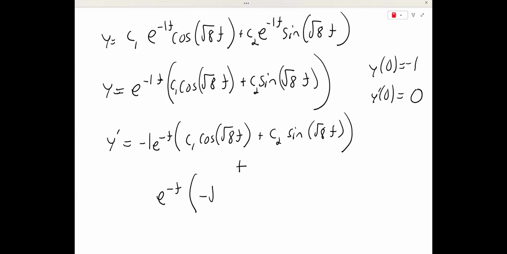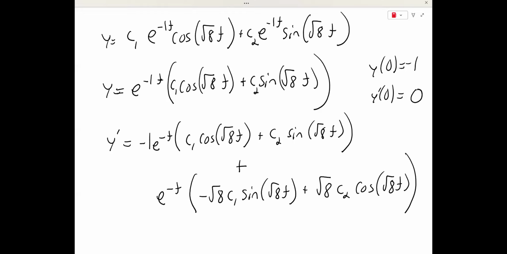That would be negative square root of 8 C1 sine square root of 8t plus square root of 8 C2 cosine square root of 8t. That's from the product rule. It looks like a horrible mess, but we'll go away from the conditions then. Anything so far? That's using the product rule, if I did that right.